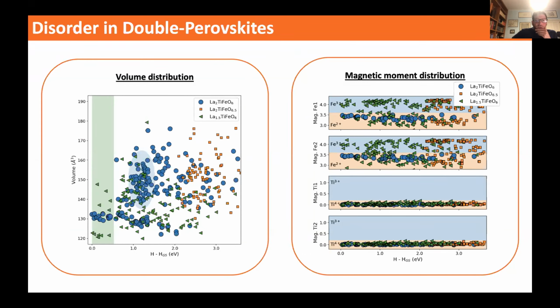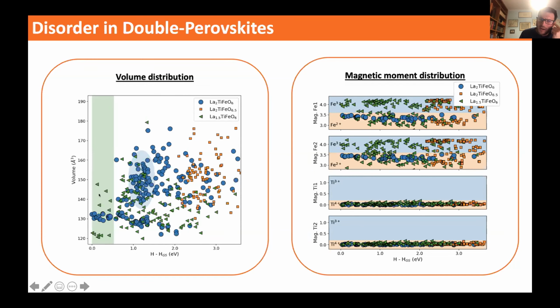So, from the research and from virtual measurements all over your spectrum, you can capture much more information than that. We were also interested in looking at the volume distribution and the magnetic distribution. The magnetic distribution, clearly, because of what we said before: our experiments were revealing a titanium which was always oxidized and an iron which was only partially oxidized.